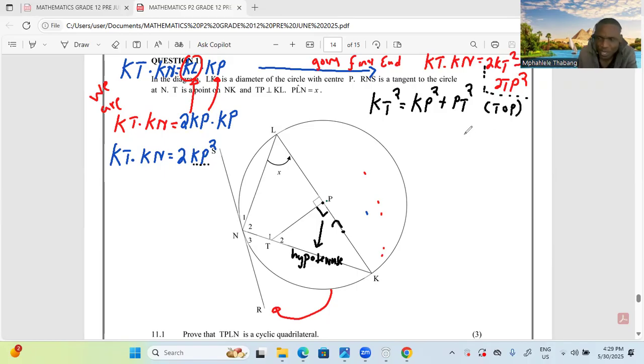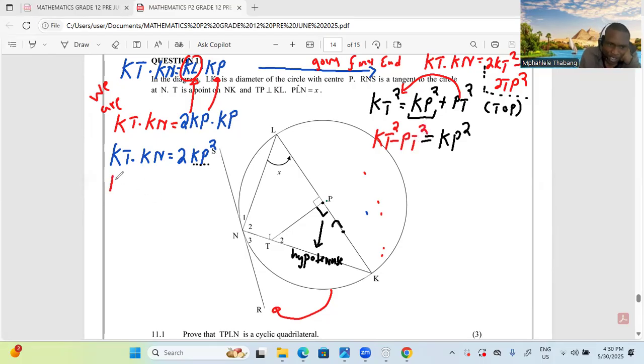Write it in full, theorem of Pythagoras. Now you make this KP squared the subject of the formula. You say KP squared is equivalent to, you take PT squared to the left hand side. So KP squared is equivalent to KT squared minus PT squared.